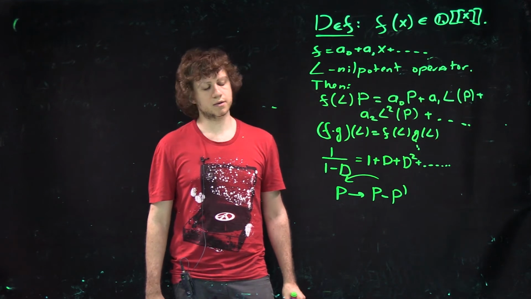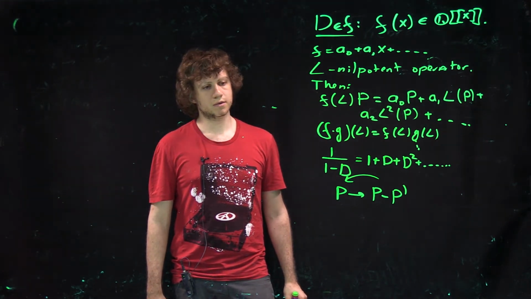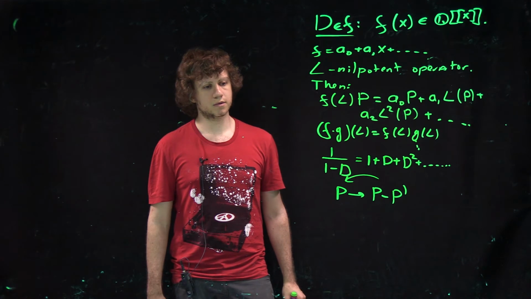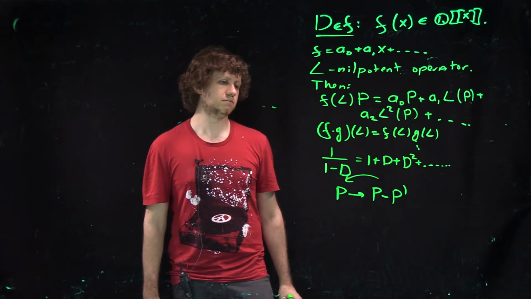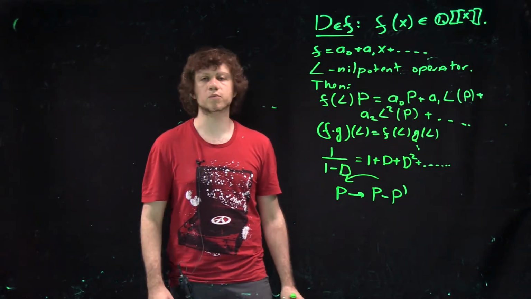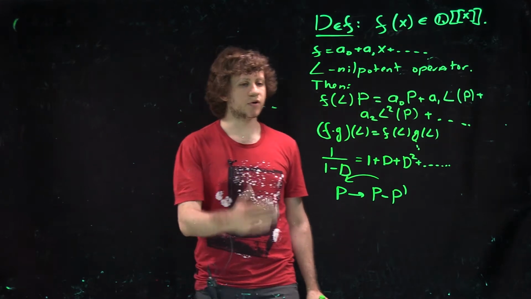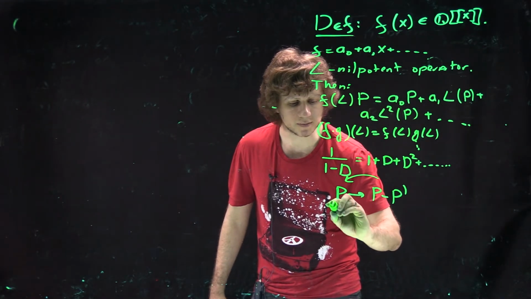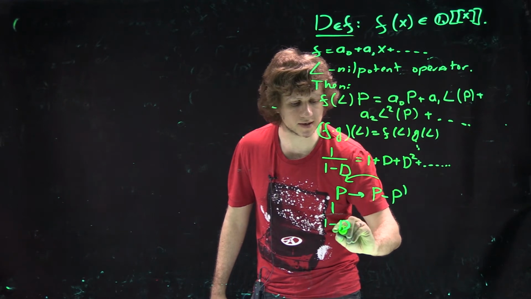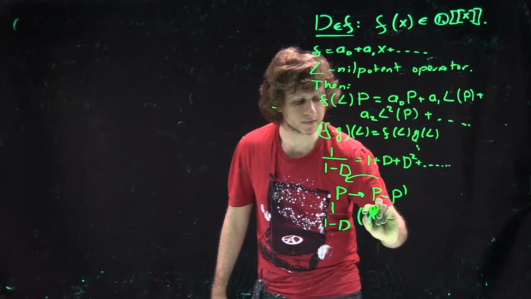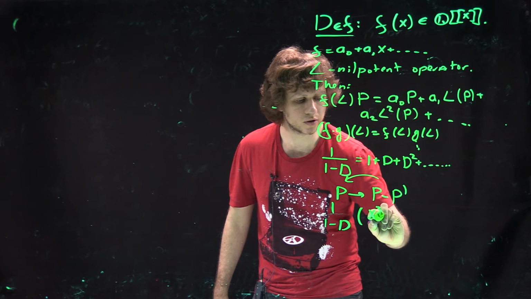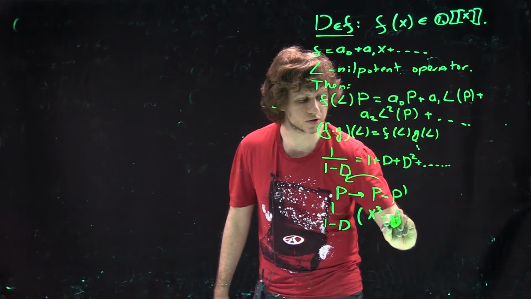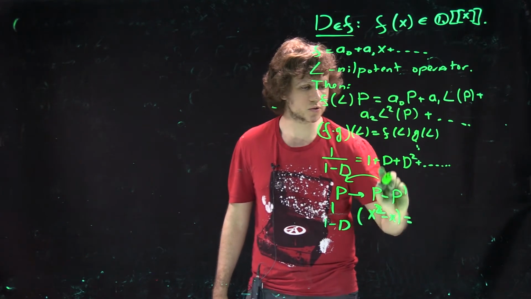Let's see. So this is what my operator does, and I can compute it. For instance, if I want to apply it to some concrete polynomial, let's take x squared minus x, since I don't want to compute too much.